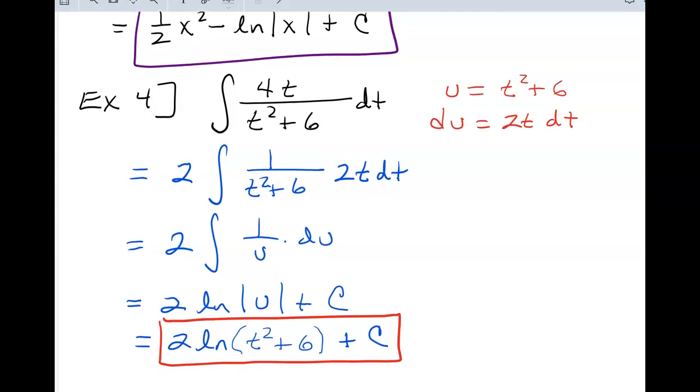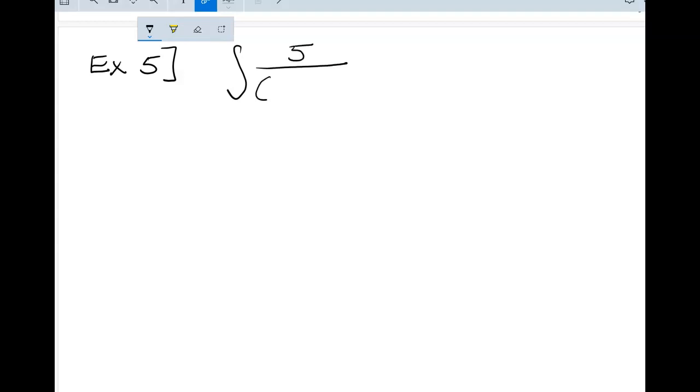All right, let's check out example 5. In example 5, we have an integral of 5 over 2x plus 1 raised to the 5th power.